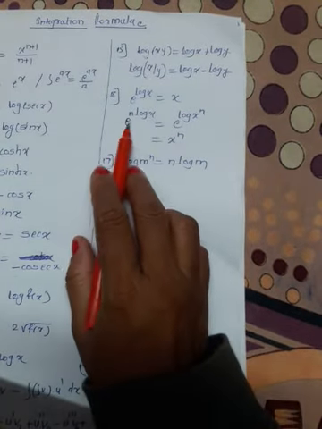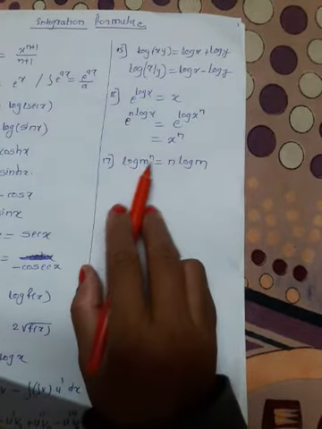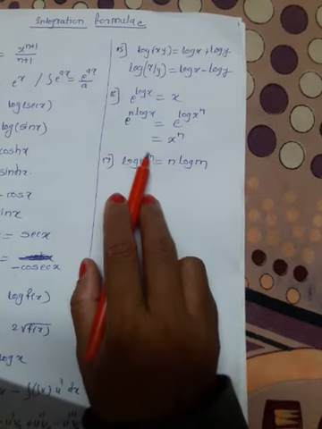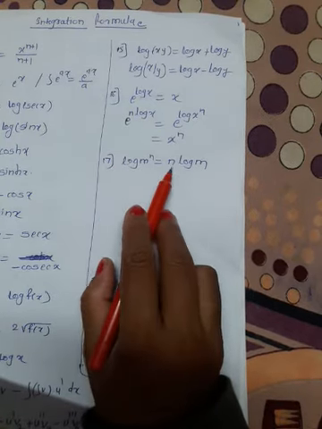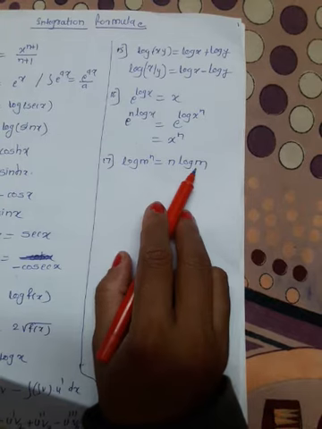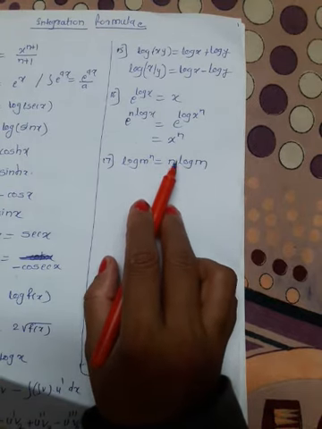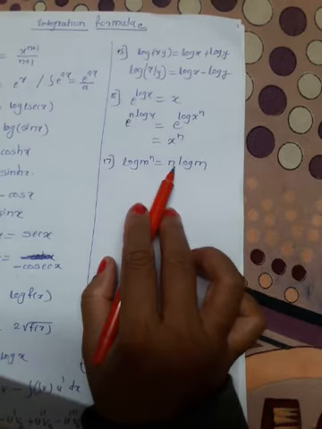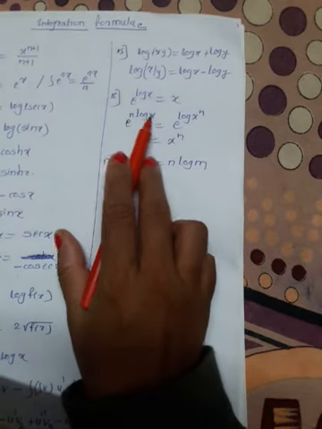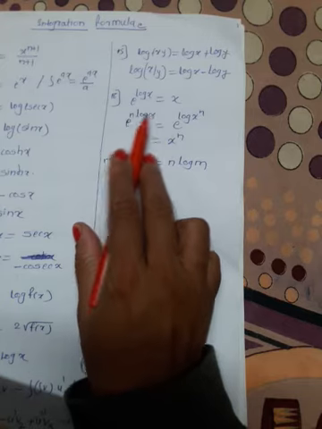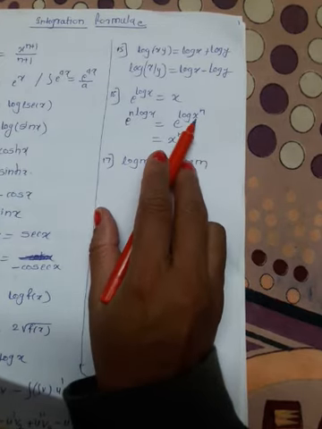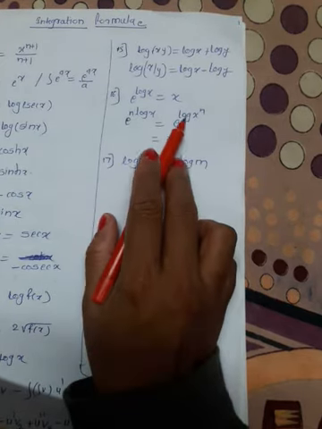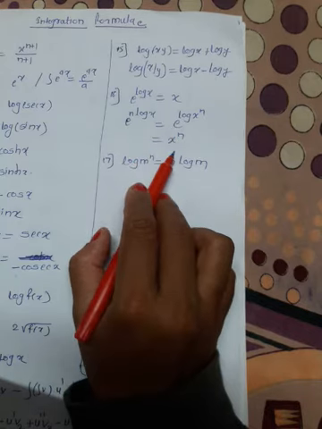Log m raised to n: this index comes before the log, n log m. Similarly, this n can be taken to the index also. Then e raised to n log x is e raised to log x raised to n, using this property, and e and log get cancelled, the answer is only x raised to n.